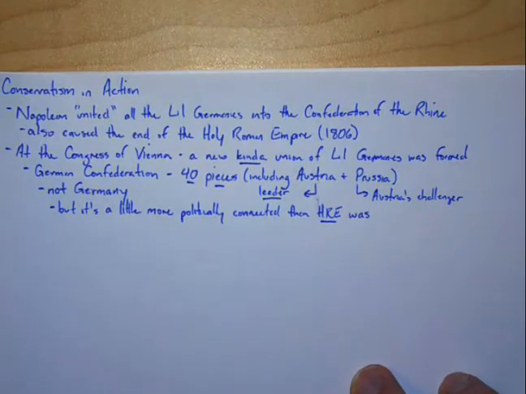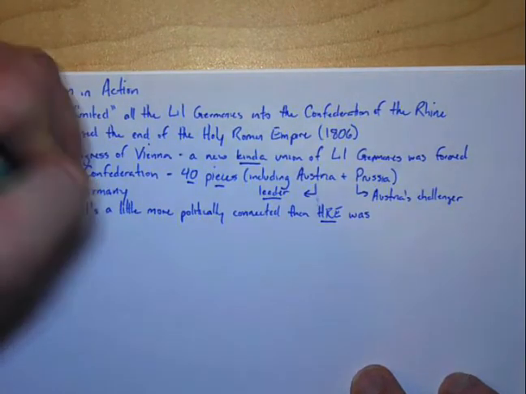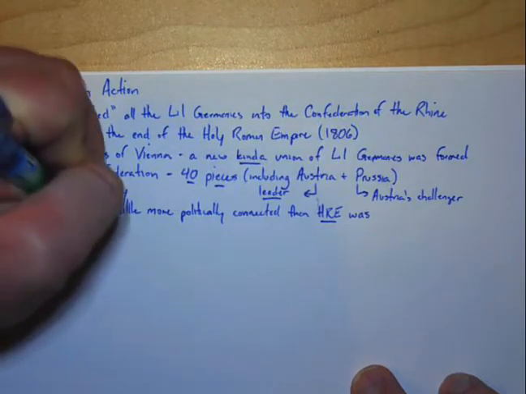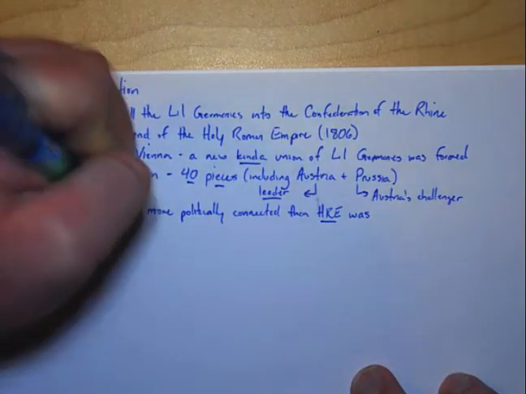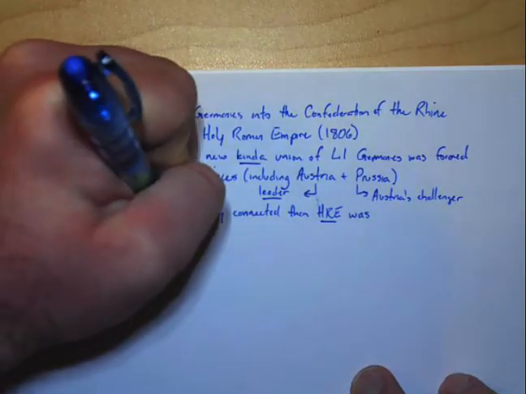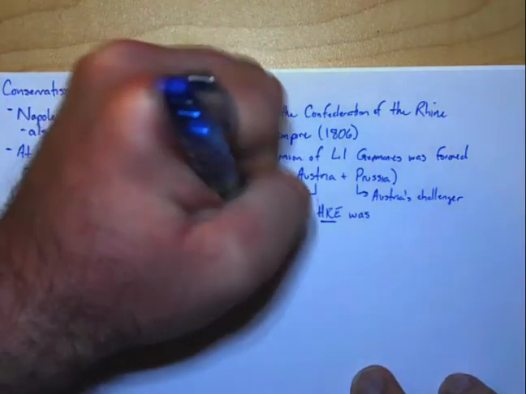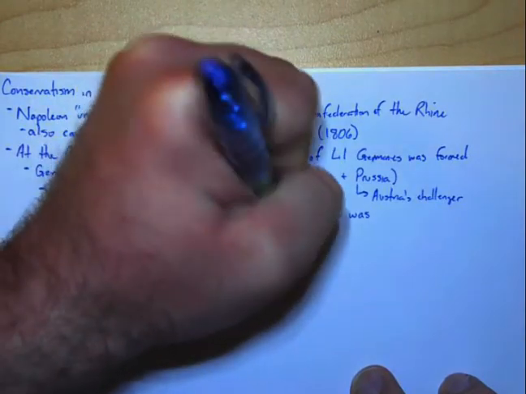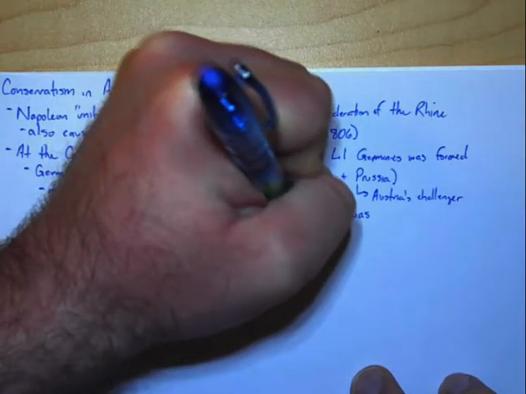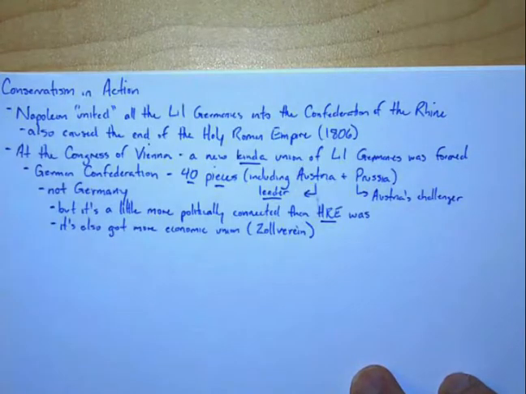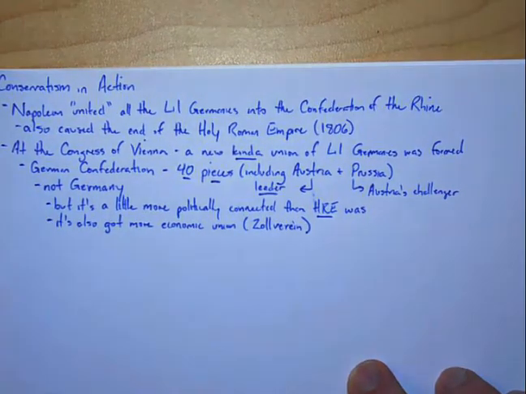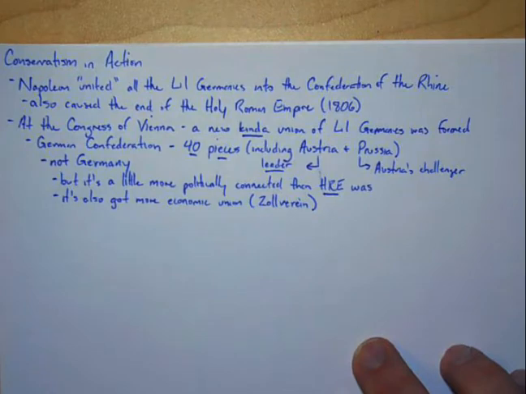So this has some actual political connection. It's also got more economic union, and I think we've mentioned this before. We've talked about the Zollverein, but we'll talk about that a lot more once we get to the actual German unification story.